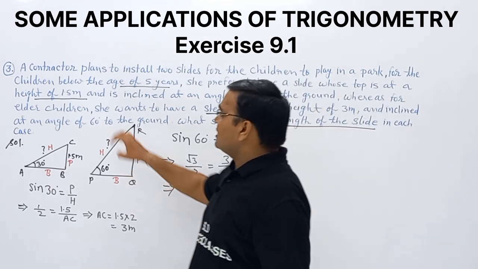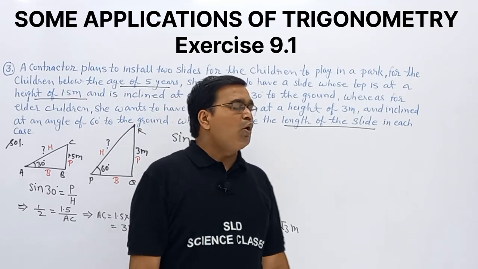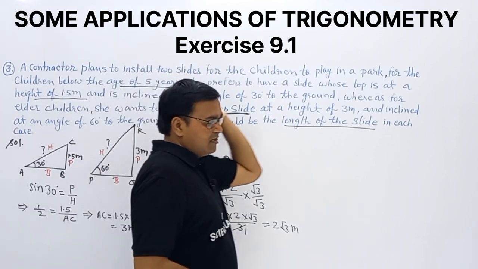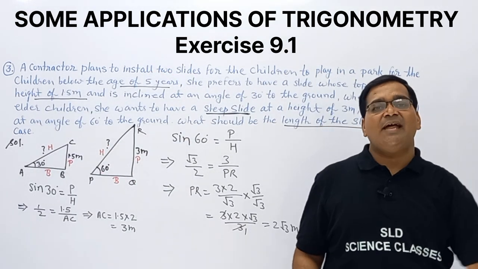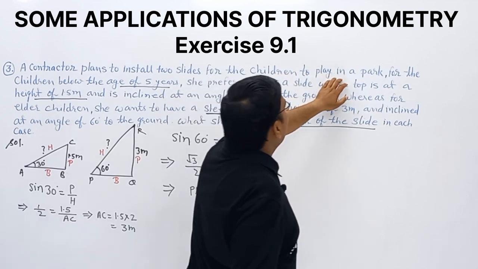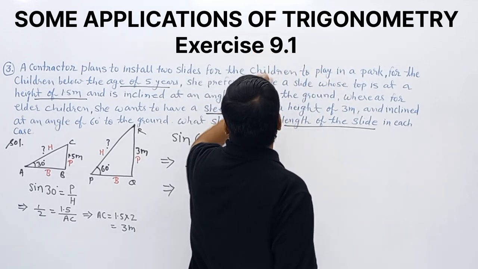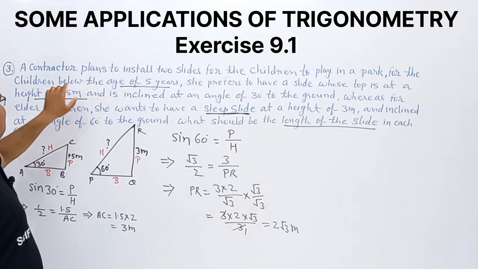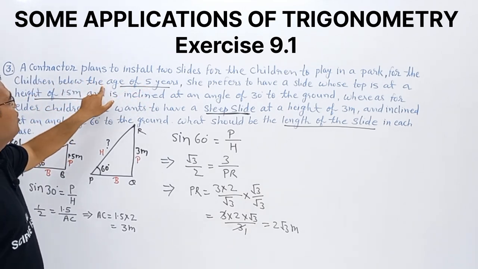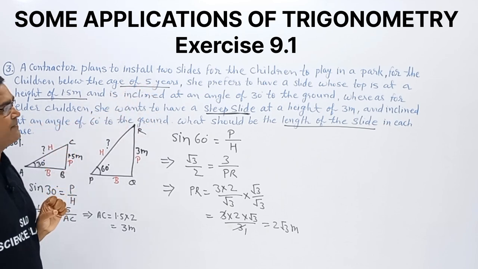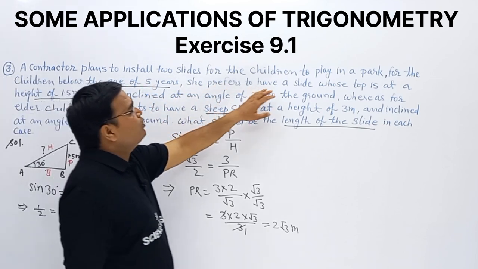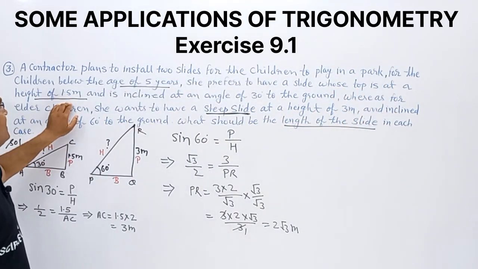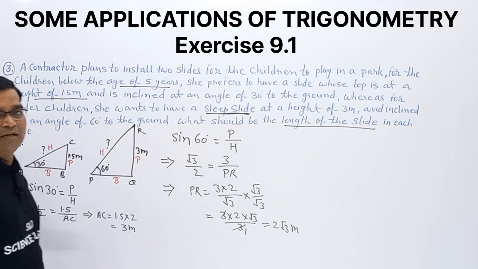We are having one contractor, and this contractor plans to install 2 slides in the park for the children to play. There are 2 categories, one for the below 5 years age group children, and she prefers a slide whose top is at the height of 1.5 meter and inclined at the angle of 30 degree.